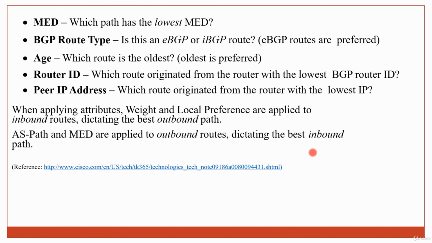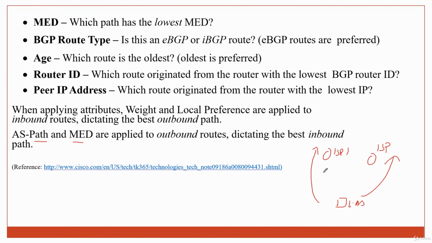At least in case of MED, let me draw here. Suppose you have ISP1, ISP2, and then your local AS. Now in case of MED and AS path, if you want to prefer ISP1 versus ISP2, then you will apply either MED or AS path prepend.